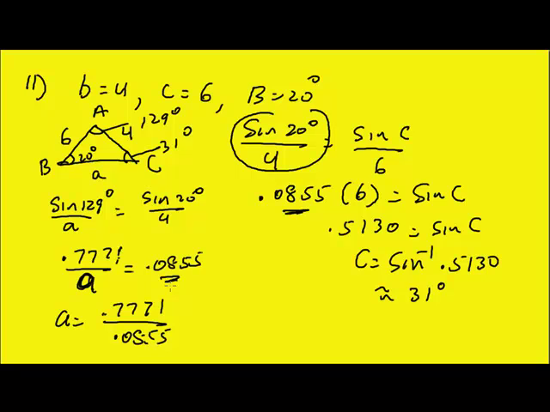Okay, and that turns out to be A is equal to approximately 9.089. Okay, so this side is equal to approximately 9.089. Alright, now do we have another triangle or not?